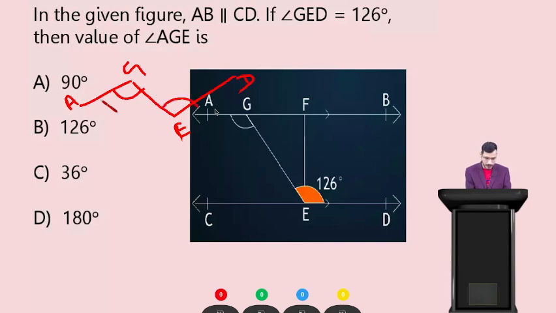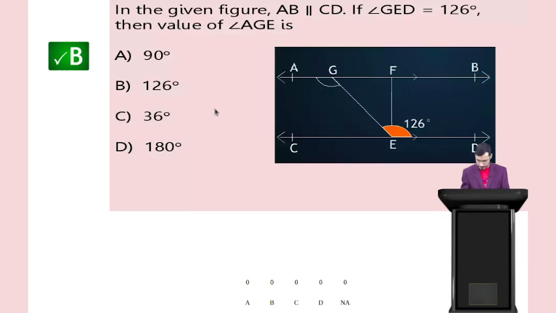GED is 126 degree. That means AGE also 126 degree, because line AG and ED both are parallel, that is given in the question. So right answer is option B, 126 degree.